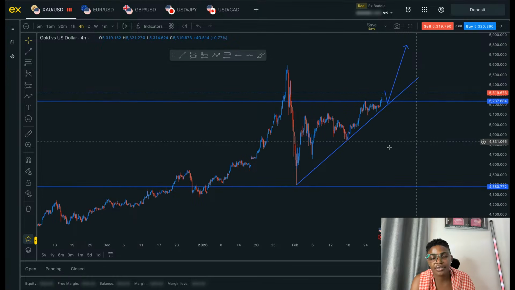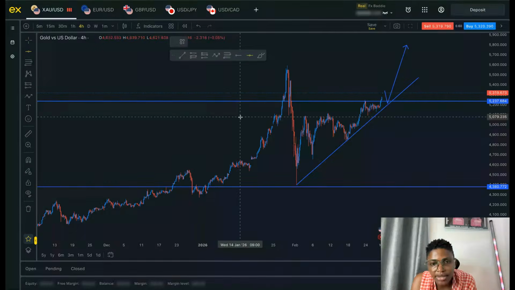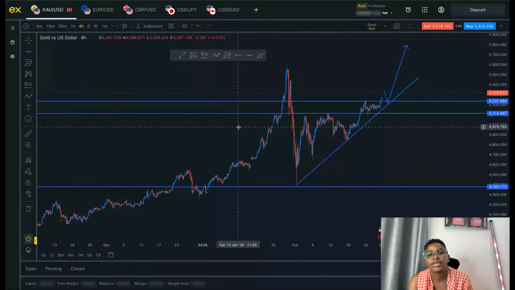So if I'm to advise you, I would say don't just buy gold now. Don't be in a haste to buy gold because everybody is buying gold. Please, there's another level below. Just wait, because this gap that the market has formed is so huge.